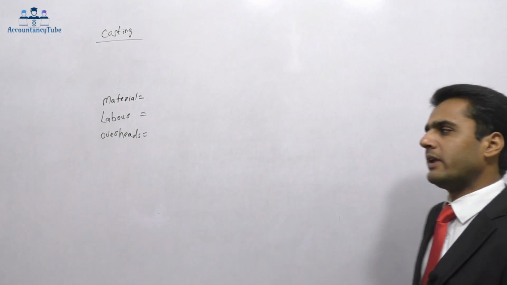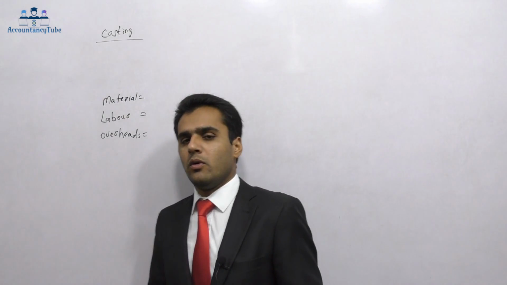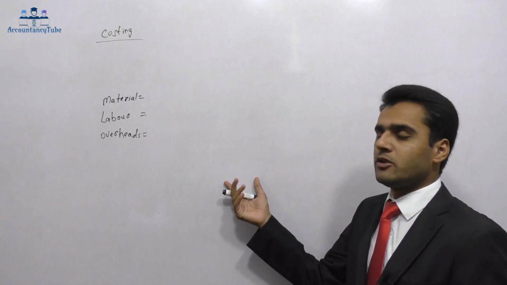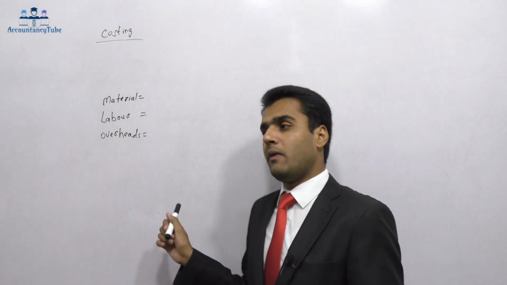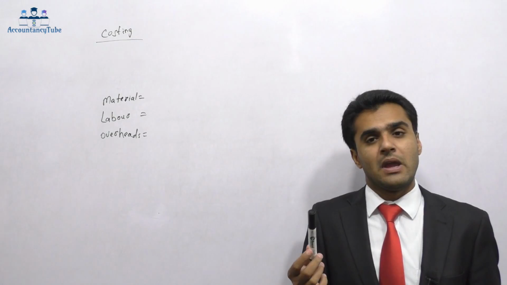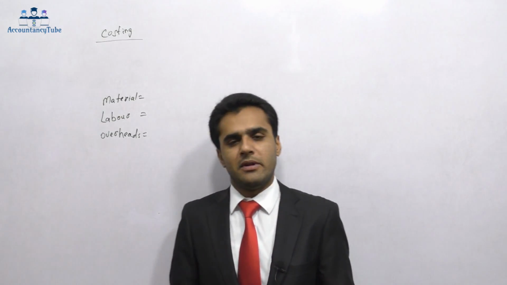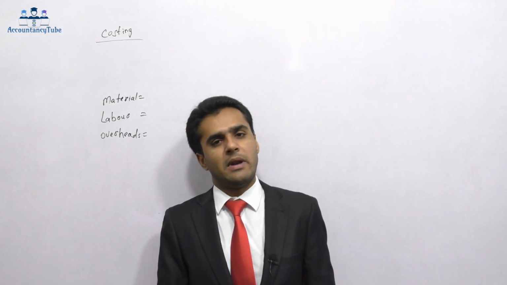So basically what I mean to say is that when it comes to the overheads, one way to do is to take the total overheads and divide by the number of units. That's fine. However, it is fine only if just one product is manufactured. Normally, in the manufacturing factory, there are so many different products which are manufactured.